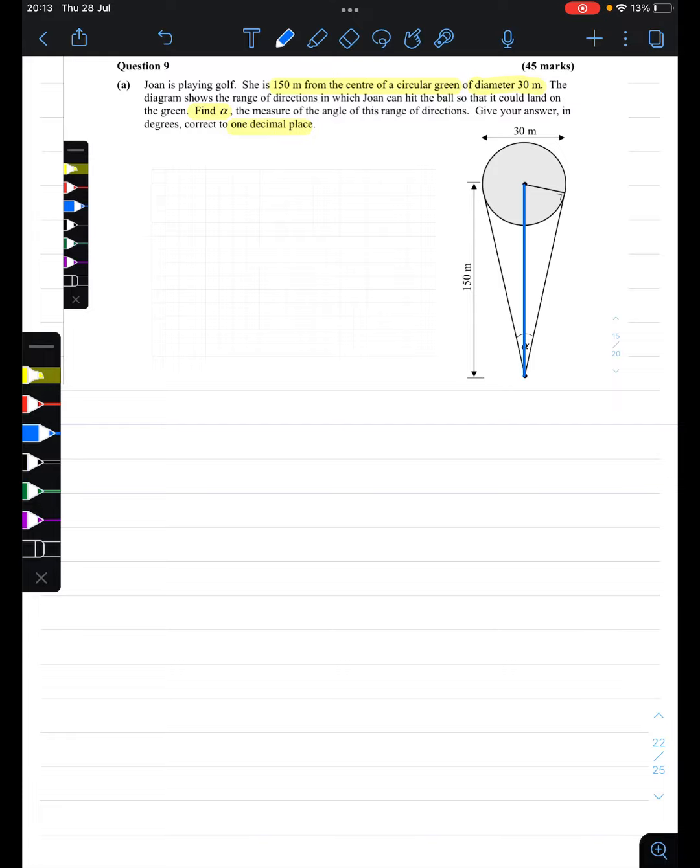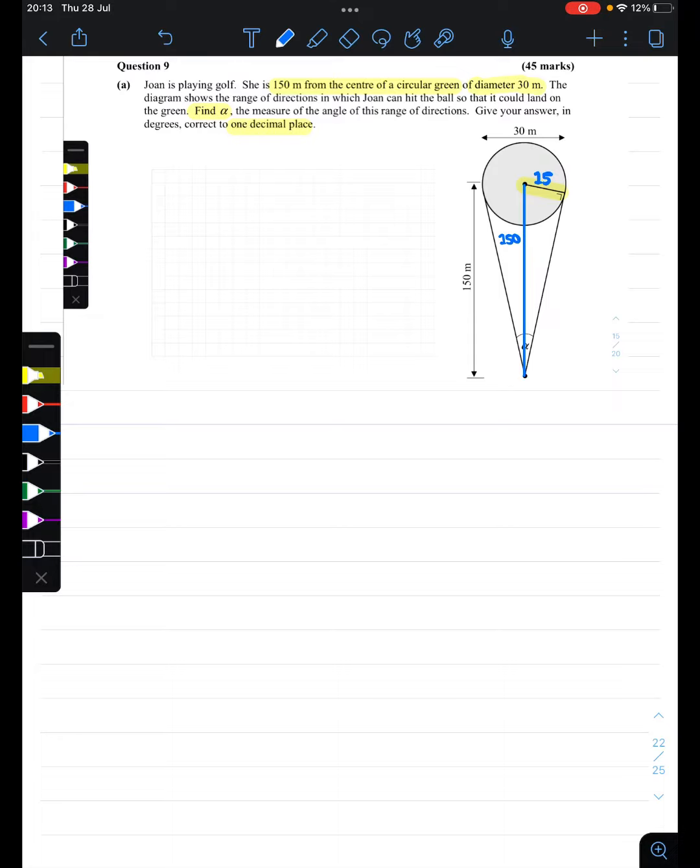So we know that this is 150 meters. It's pretty clear to see from the diagram. And now we also can figure out what the length of this side is. Since this is the radius of the circle, this is just 30 over 2, 15 meters.